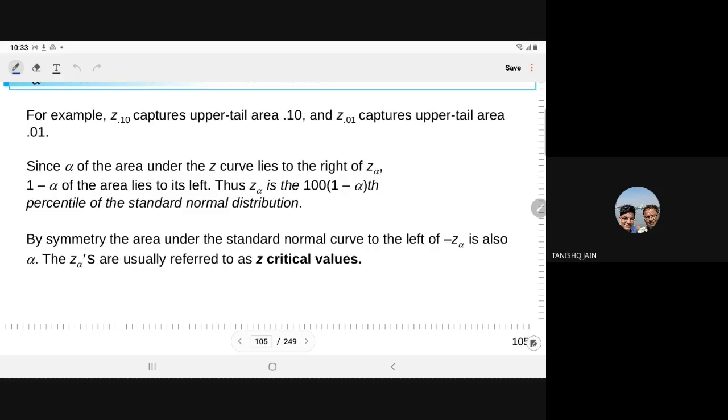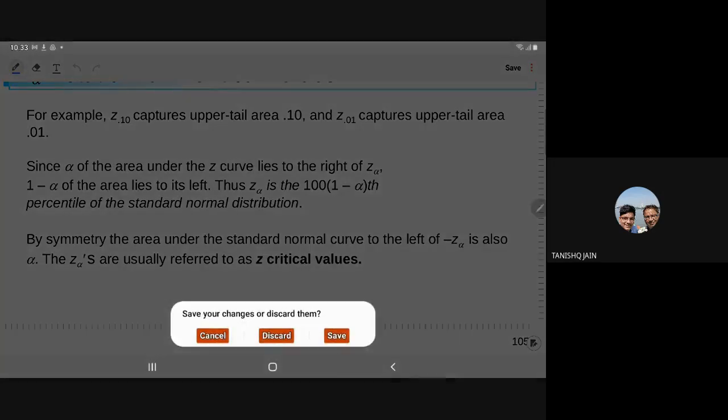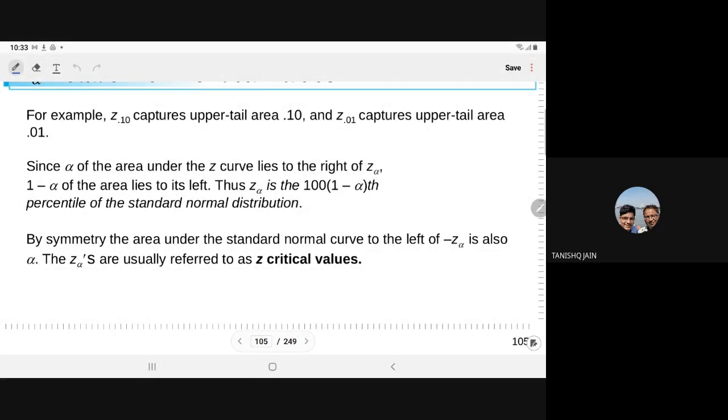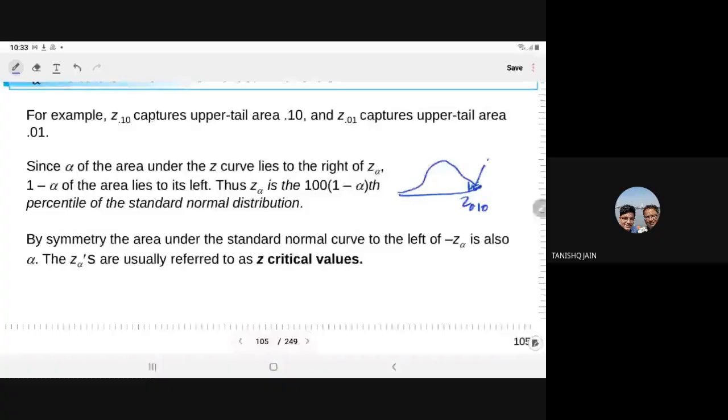For example, if we have Z of 0.10, what is the meaning of Z of 0.10? When we have this curve, on this side we have the area 0.10, and on this side we have the area 0.90. So that is the Z alpha.